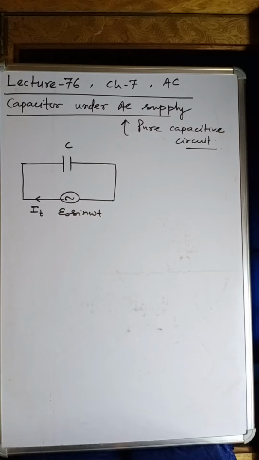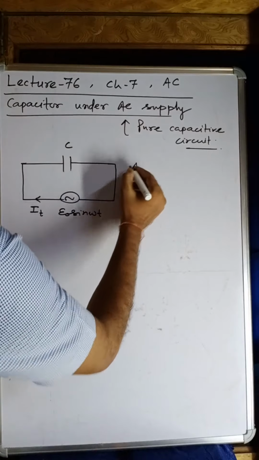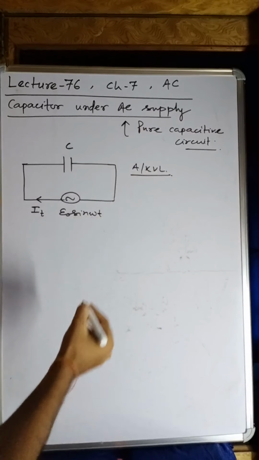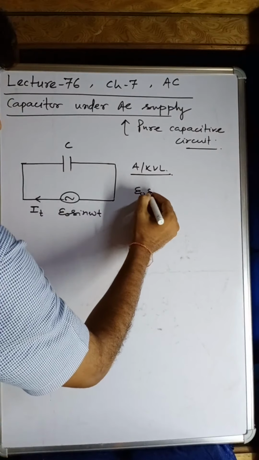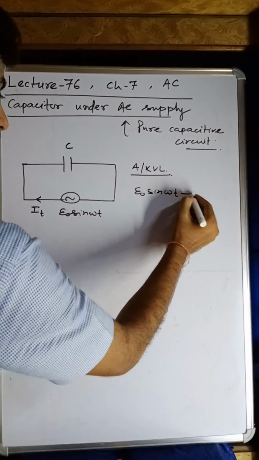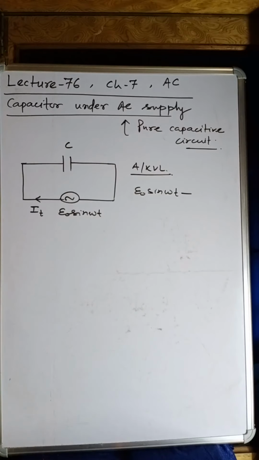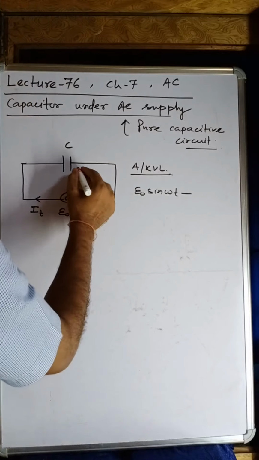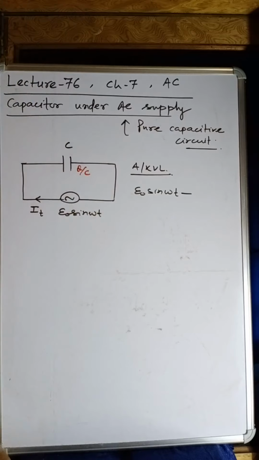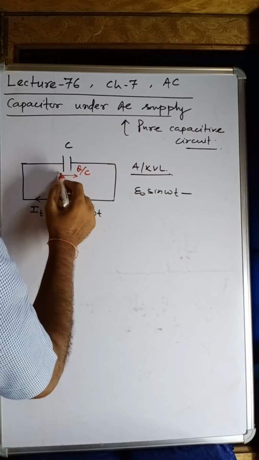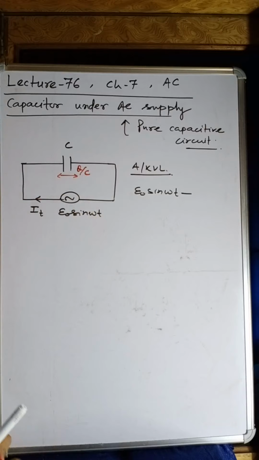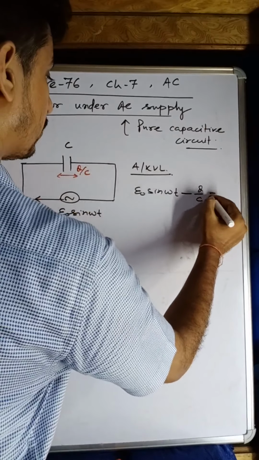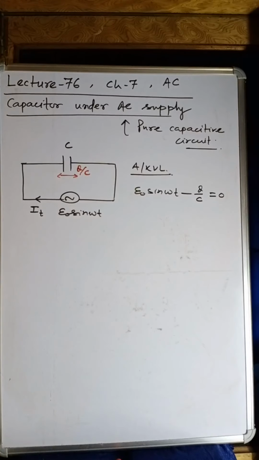According to Kirchhoff's voltage law, we can write E naught sine omega t minus the voltage drop across the capacitor, my dear student, Q by C, equals 0.